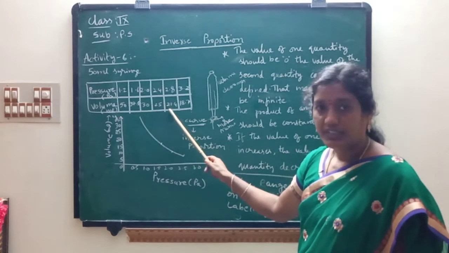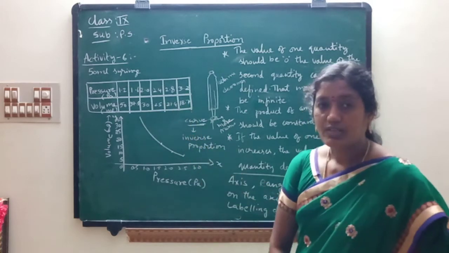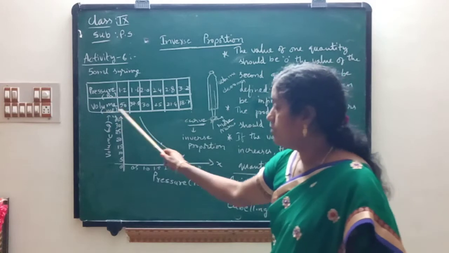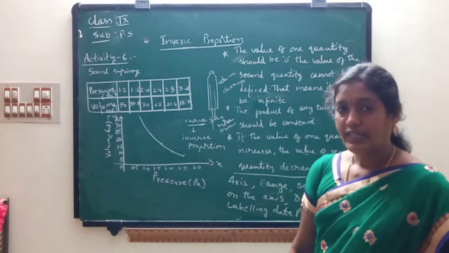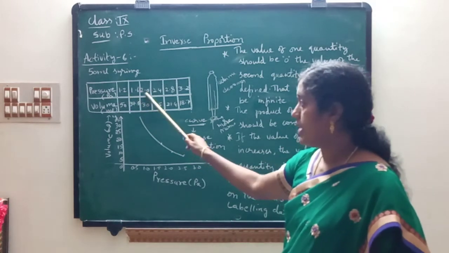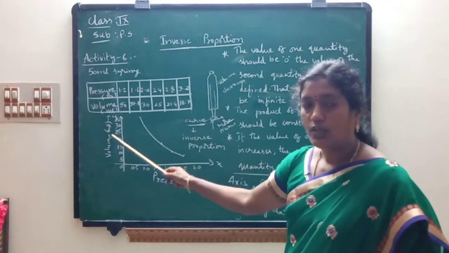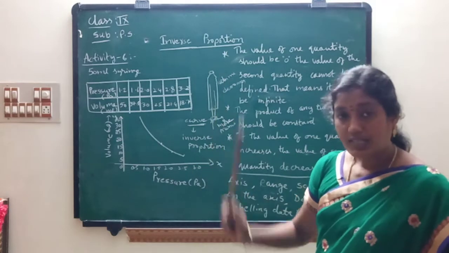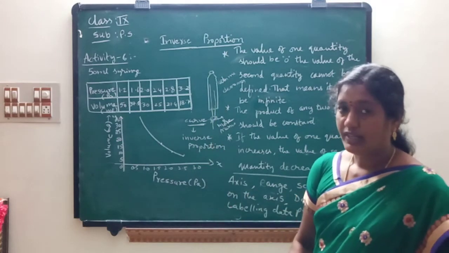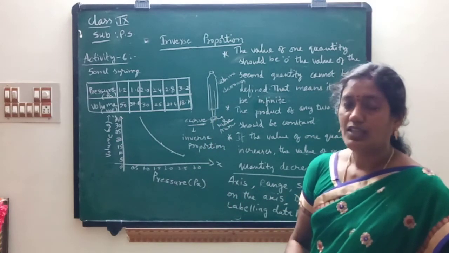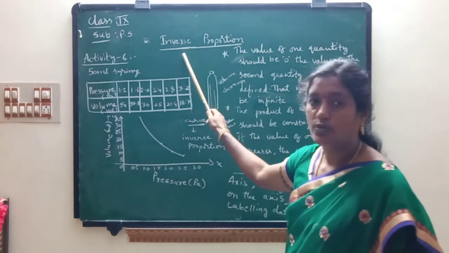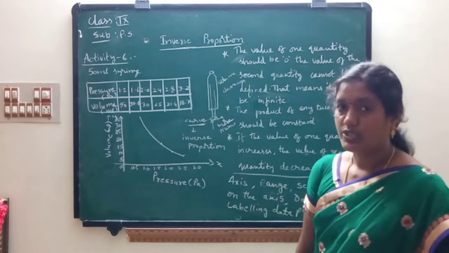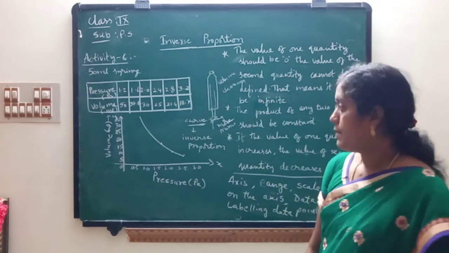Next 25, 21.4, 18.7. Like this, the volume values are decreasing, but the pressure values are increasing. So children, if one quantity is increasing and the other quantity decreases, then the type of proportion is known as inverse proportion.